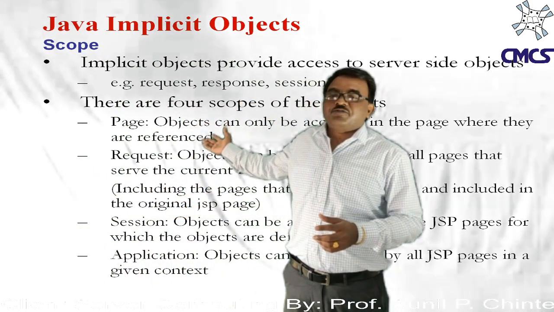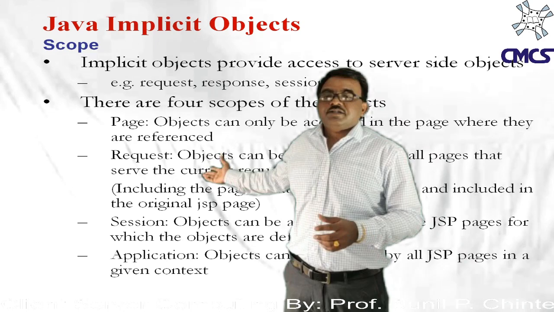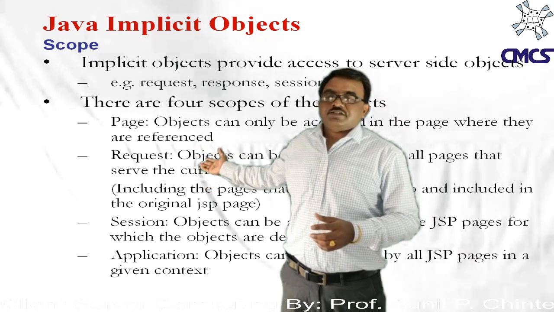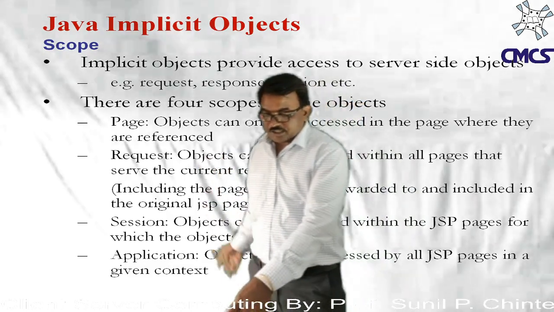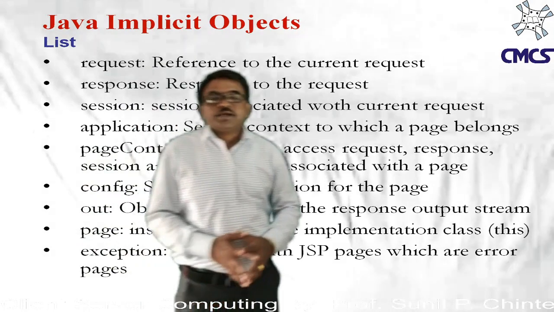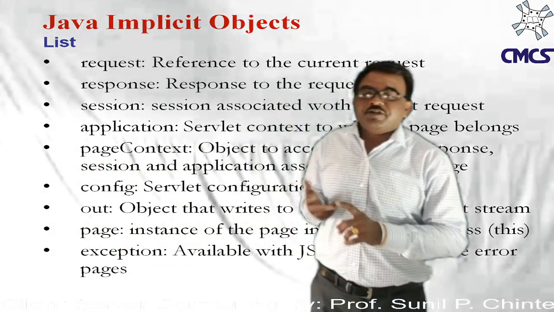So these are the four scopes of the implicit objects: page, request, session, and application.